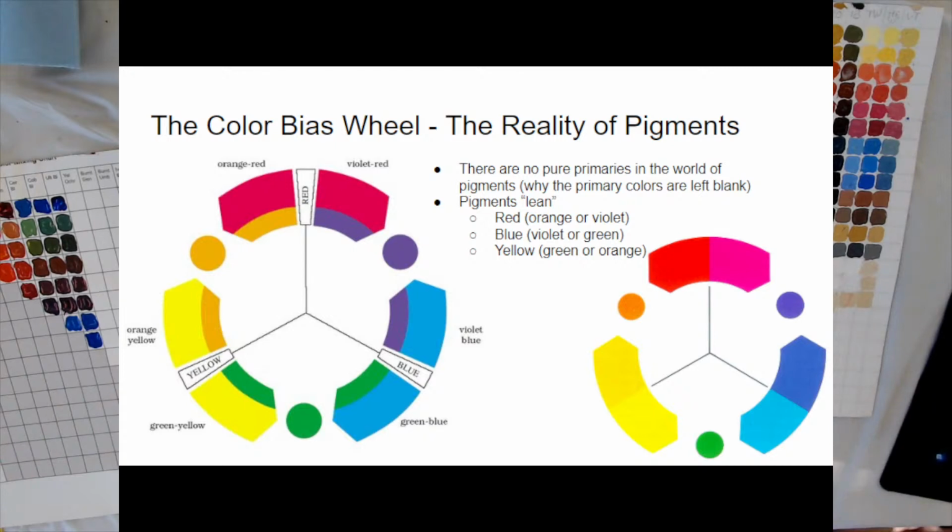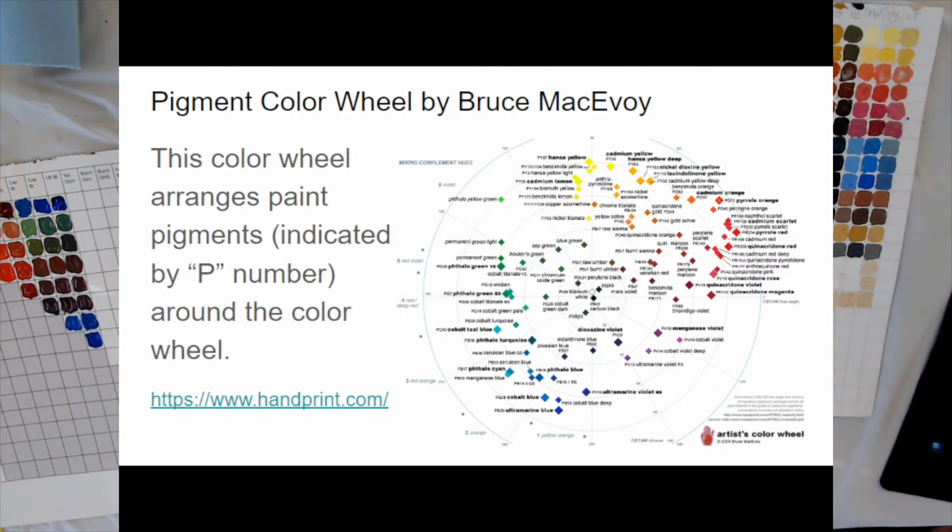Understanding that enables us to mix colors, pigments in our paints, with better accuracy so that we can learn how to mix whatever color we need or want. And understanding pigments and the way they lean is an integral part of being successful at that.